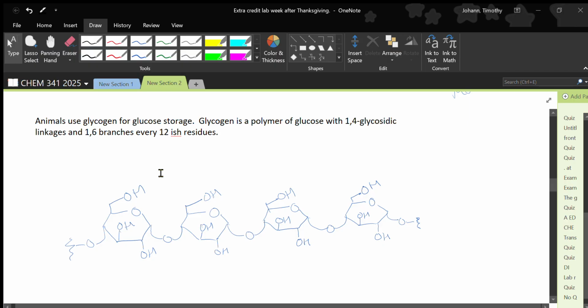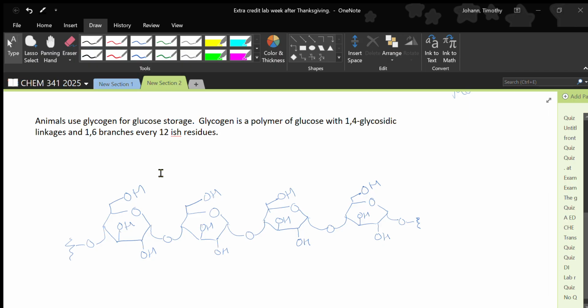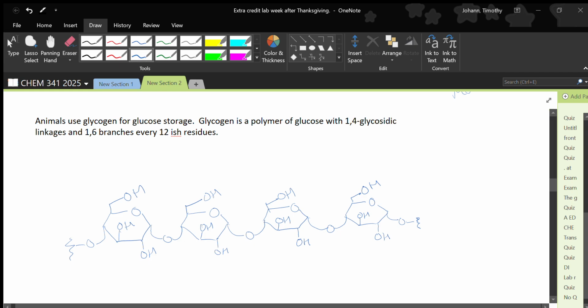All right, so you could draw the same thing, because I'm not going to have you draw 90 glucose residues in a polymer. I can see that you actually did it every 24 to 30 as opposed to every 12. But once again, here's a 1,6 branch.